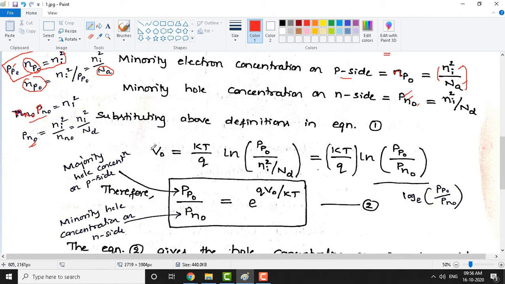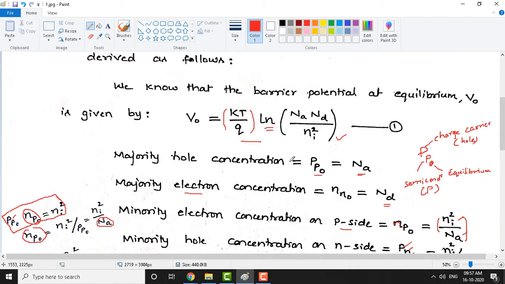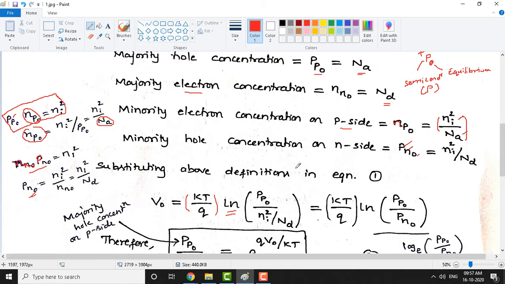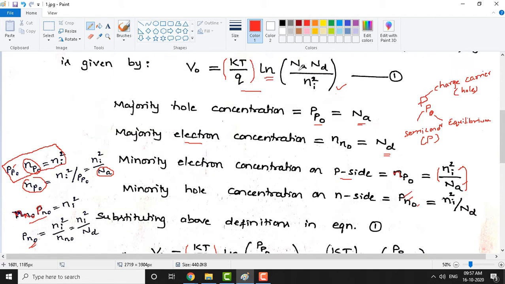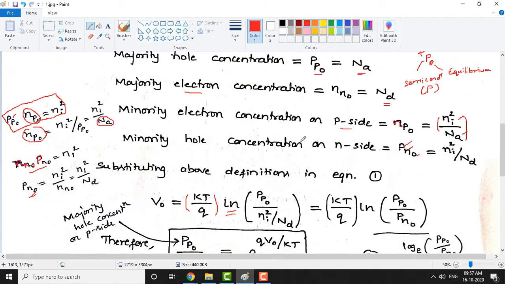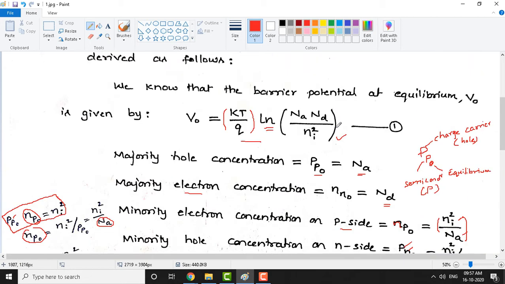So, V naught on the left-hand side we have kept as it is from equation 1, and kT by q you can see we have not changed at all, as these are constants. The log e we have also kept as it is, but within the bracket, in the numerator we had Na Nd divided by Ni square. In place of Na we have written Pp naught, and Nd you can bring to the denominator. If you bring this complete term to the denominator, you will get Ni square by Nd.